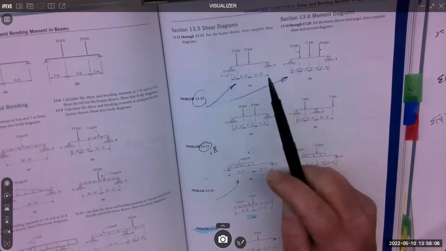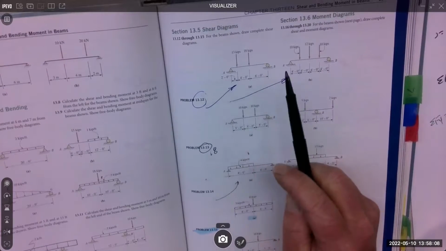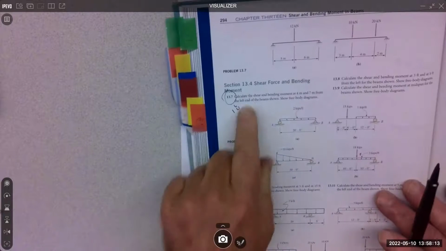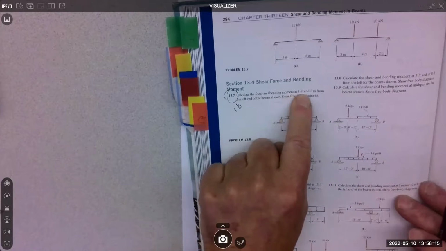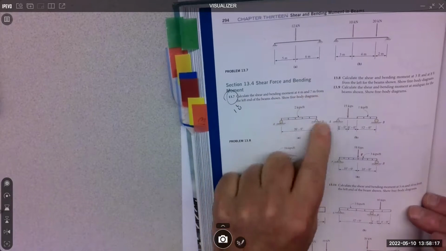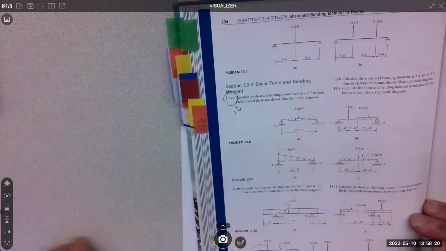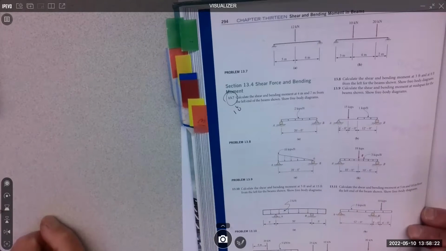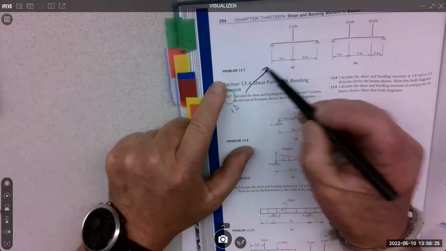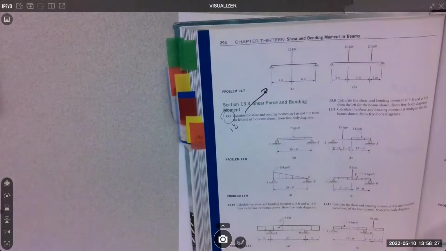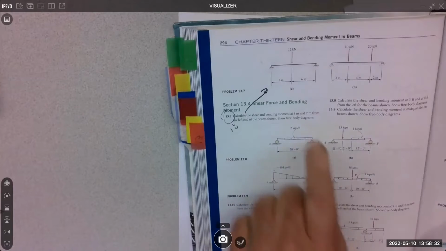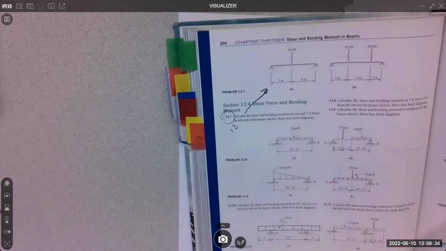So you have to do your statics first, right? Then go for the shear diagram. This one, number 7, just says, calculate the shear and bending moment at 4 and 7 meters. Okay, 4 and 7 meters. Oh, and that's up here. It's easy to do the wrong problem in this book. Yeah, super easy to do the wrong problem. So, okay, 7 and 12 out of 13.